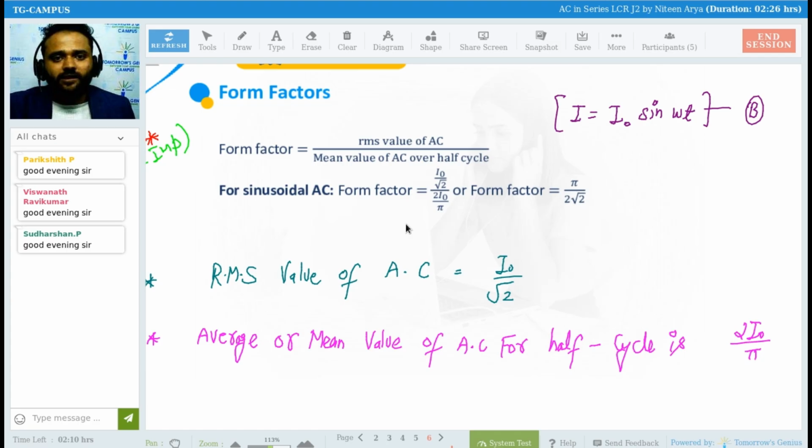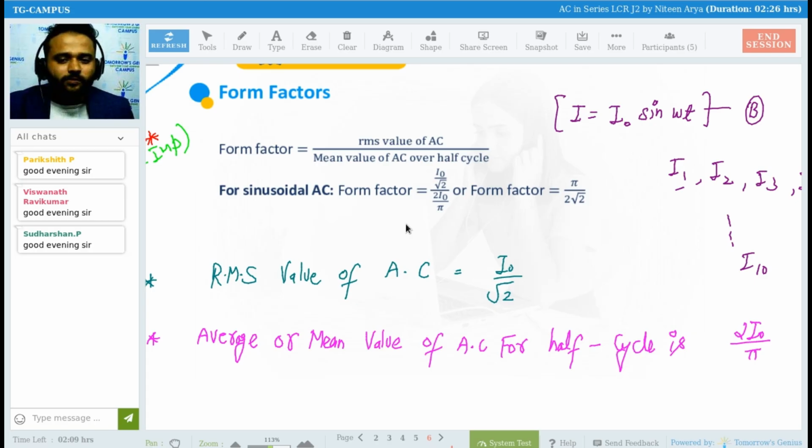For any particular time duration, I need to find the average. Suppose I have I1, I2, I3, I4, and so on up to I10. I am going to find the current at 1 second, 2 second, 3 second, up to 10 second. So what is the average value?